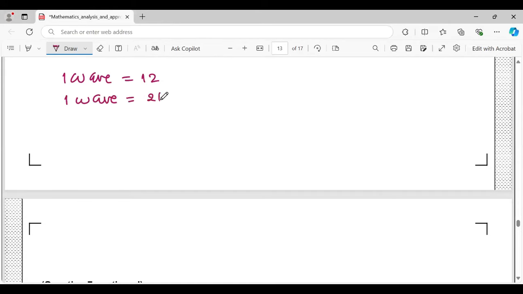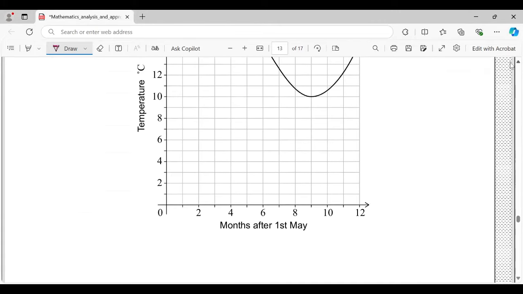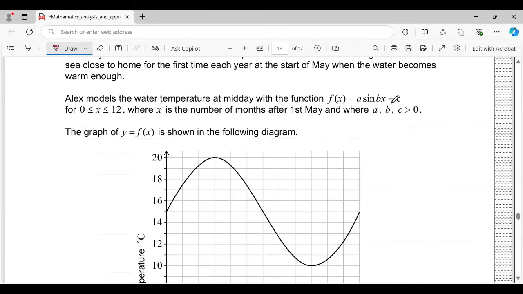And we learned that one wave actually equals 2 pi. And the function f(x) equals a sine(bx) plus c. Right? I'm going to make sure first. Yeah, this one, a sine(bx) plus c.